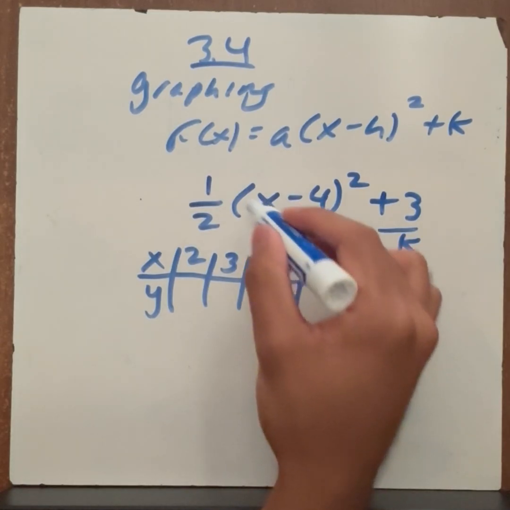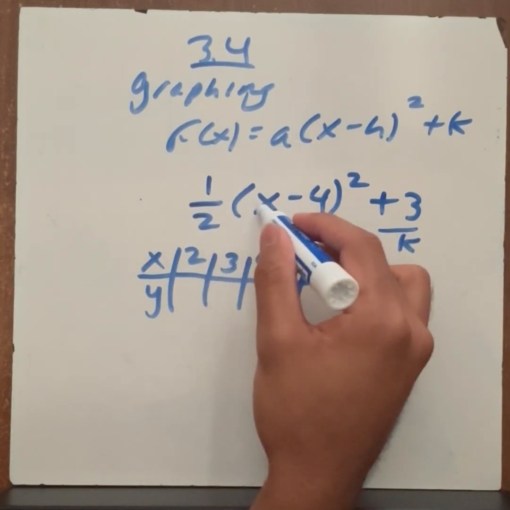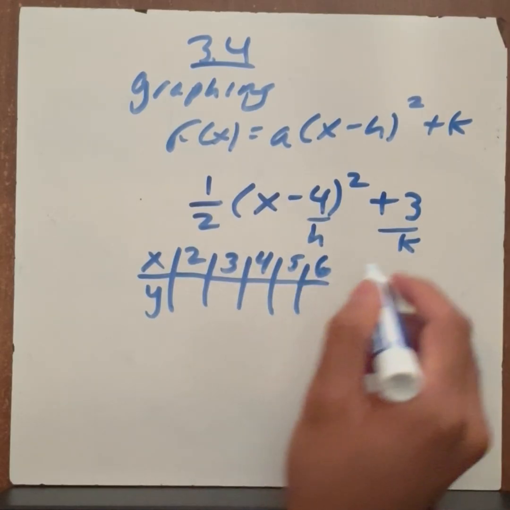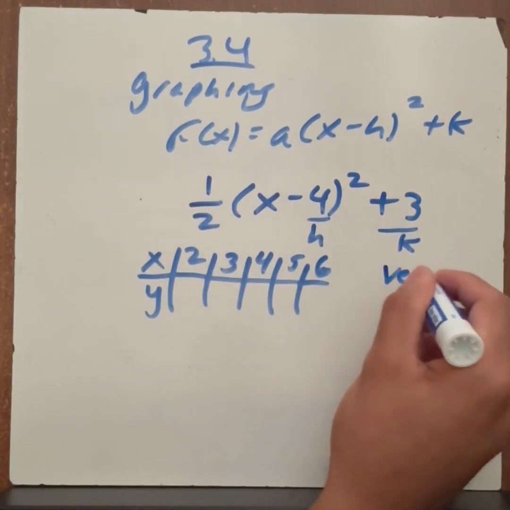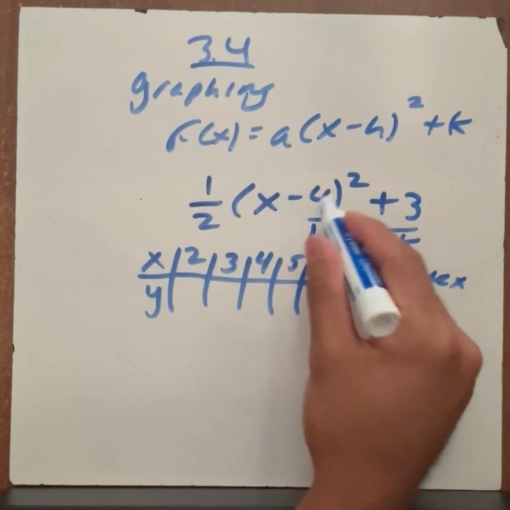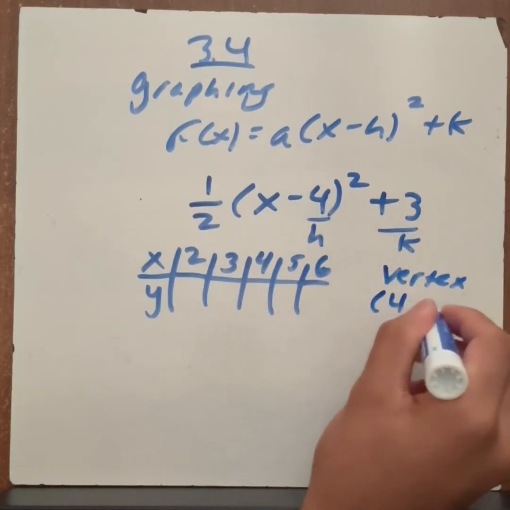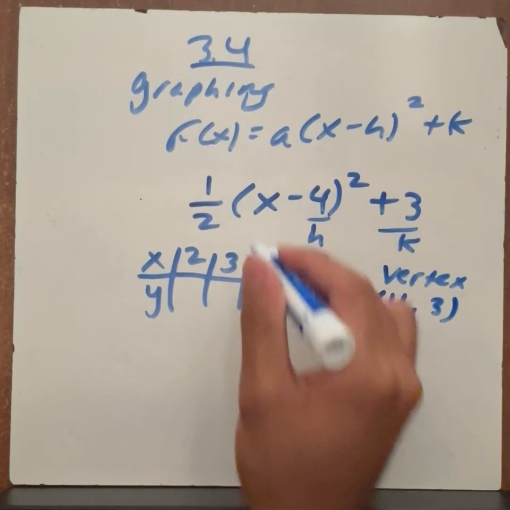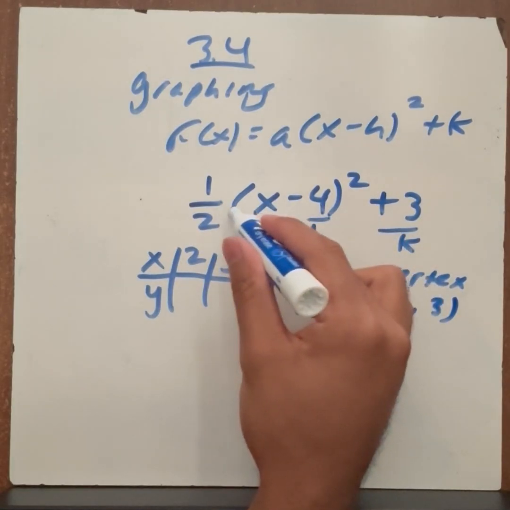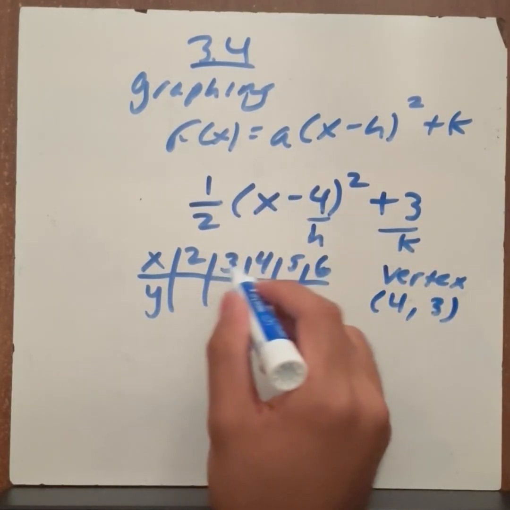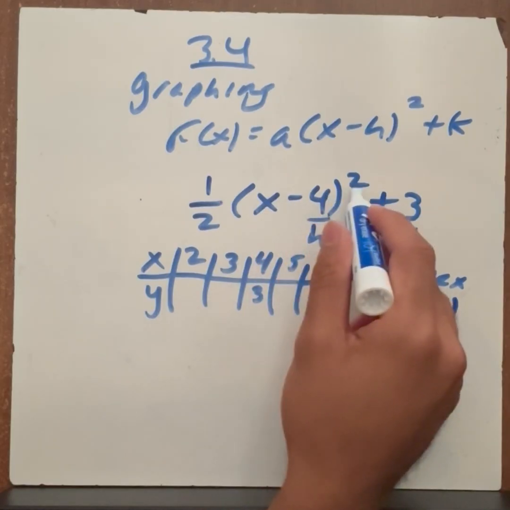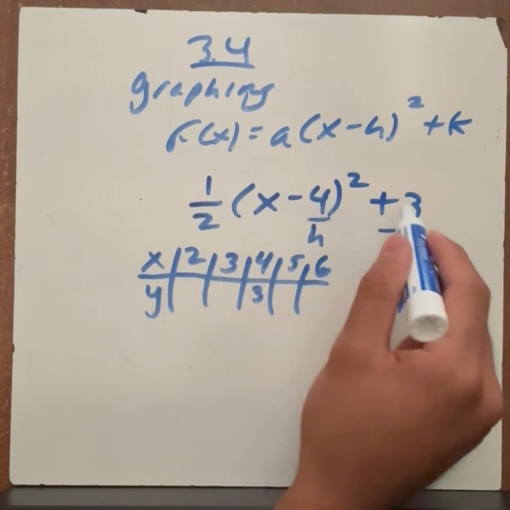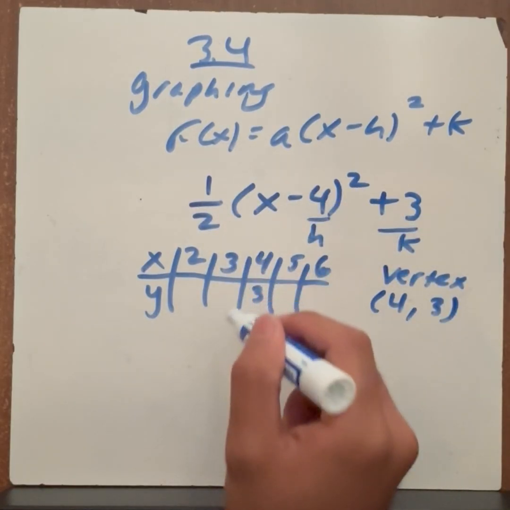Really quickly, the vertex is h, k, so 4, 3. So the y value of our vertex is 3. If we test it out, 1/2 of 4 minus 4, which is 0, 0 squared is 0, half of 0 is 0, and 0 plus 3 is 3. So these numbers make sense.